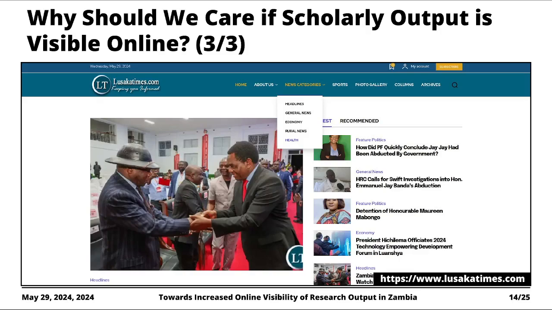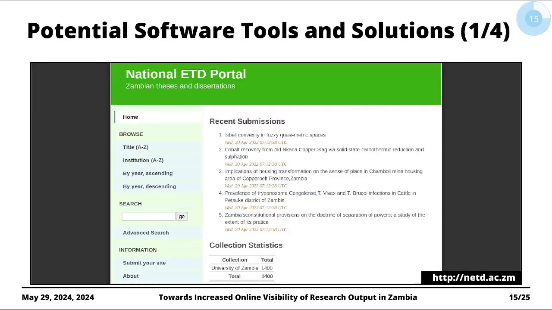Well, part of the reason is because this information is not available online. If I do research and I only publish in these so-called top-tier venues and I don't archive my research in platforms that are easily accessible by journalists in Zambia, then it's unlikely that they would even bother to write about my work. Anyways, so that's the reason why you should bother about this.